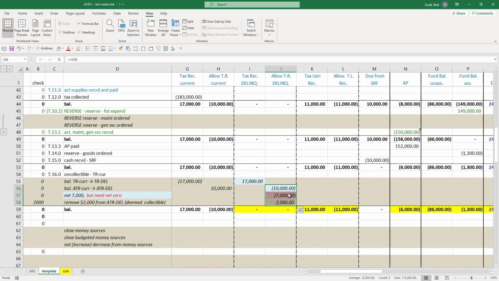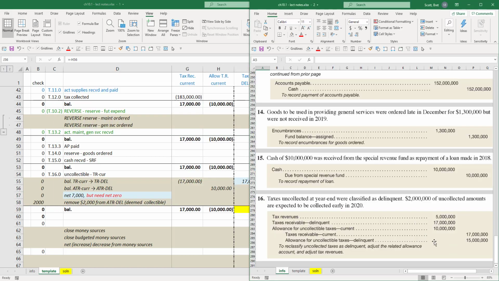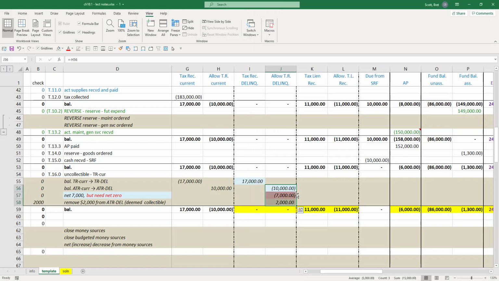I've done it in different pieces here, but I think the way that they show it in just this one journal entry is a bit confusing, because they simply say, oh, just credit the allowance for delinquent receivables to 15. I'm simply showing you that it's kind of comprised of a couple things. Initially transferring over the 10 million, setting it up high enough to completely offset the 17 million, but then saying, let's be reasonable and put in 2 million net. Overall, the net delinquent accounts receivable that we expect to collect, $2 million. That's the net of those.